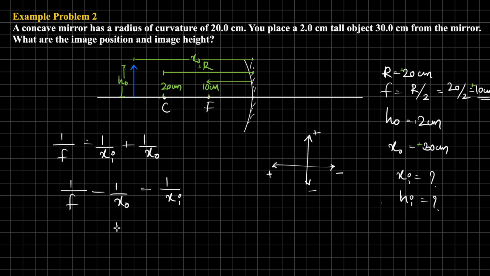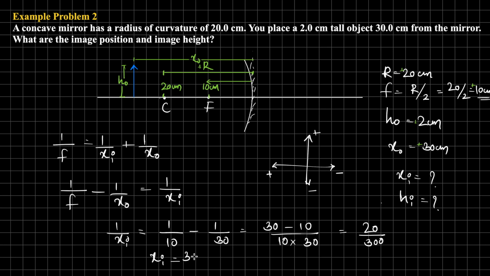Put the values in. 1 by xi equals 1 by 10 cm minus 1 by 30 cm. Cross multiply it. 30 times 1 is 30 minus 10 times 1 is 10, over 10 times 30. 30 minus 10 is 20. 20 over 300. That is 1 over xi. So how do you find xi? Just flip it. 300 over 20, which is 15 centimeter.